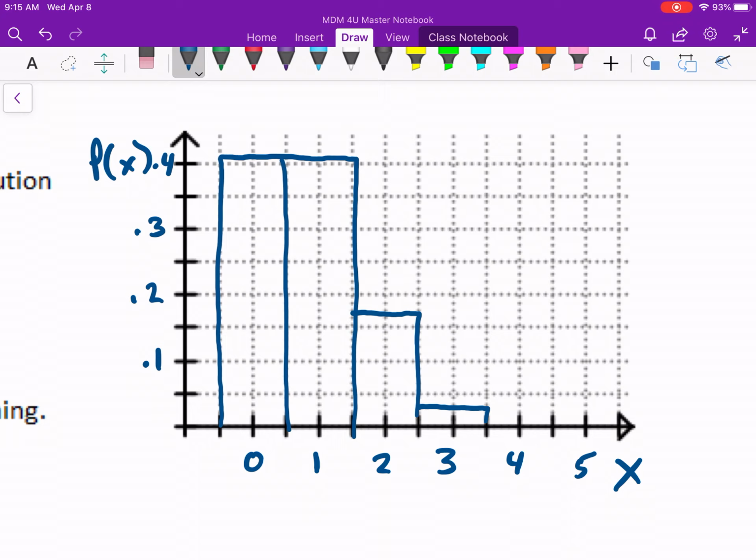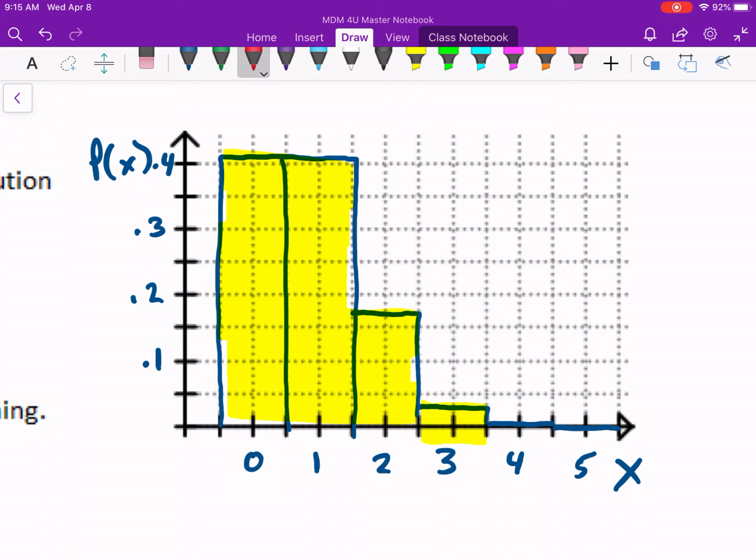And then I had less than 1%, which would be down here. And then basically nothing for 5. So it's barely going to be a bar at all. Here's my probability histogram. Color it in so it stands out a little bit more. There, that's the best I can do.